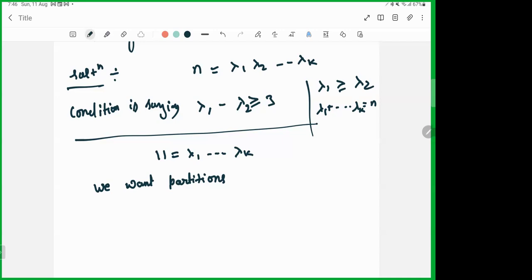So we can basically get it into two cases, where we consider lambda 1 and lambda 2 separately, and then the rest of the sum from lambda 3 onward.